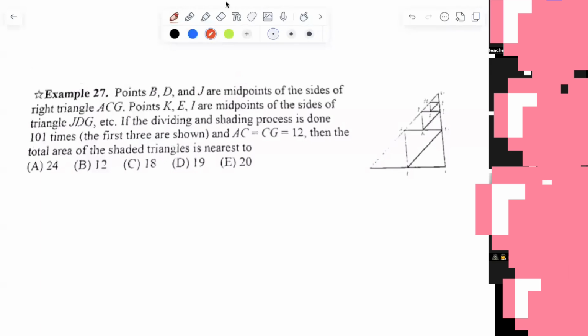So the shaded area is, I think, should be over here. Okay? And it keeps on dividing by 1/3 over here, and so on.